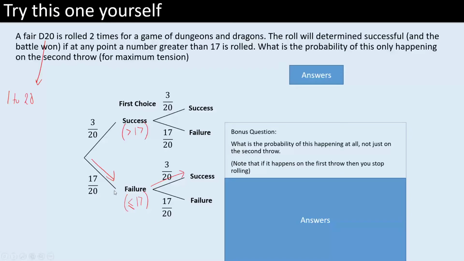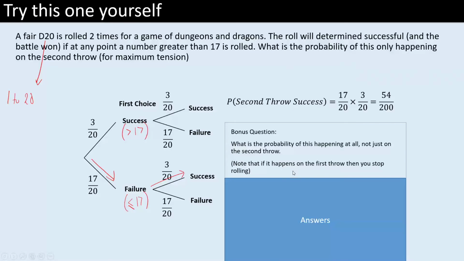So 17 out of 20 times by 3 over 20 will give us our probability. So 54 over 200. Okay, so what? That's going to be a little over a quarter. Which I wouldn't say that's not bad, really, for getting something over 17.